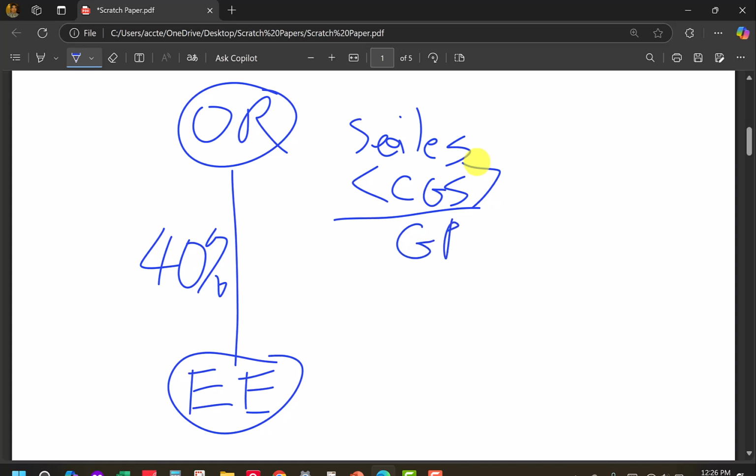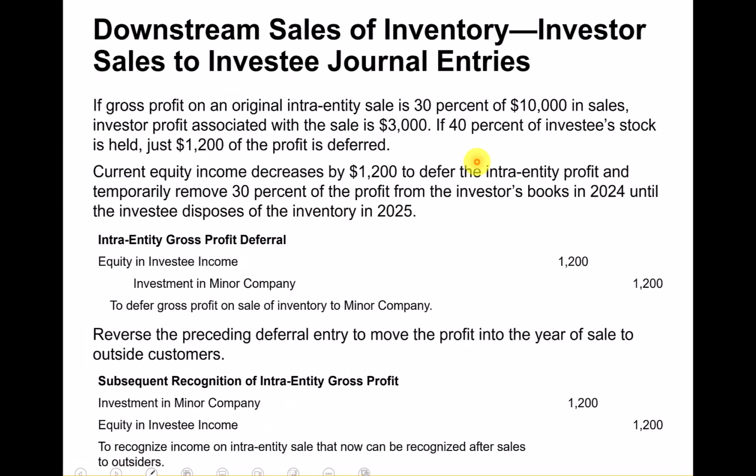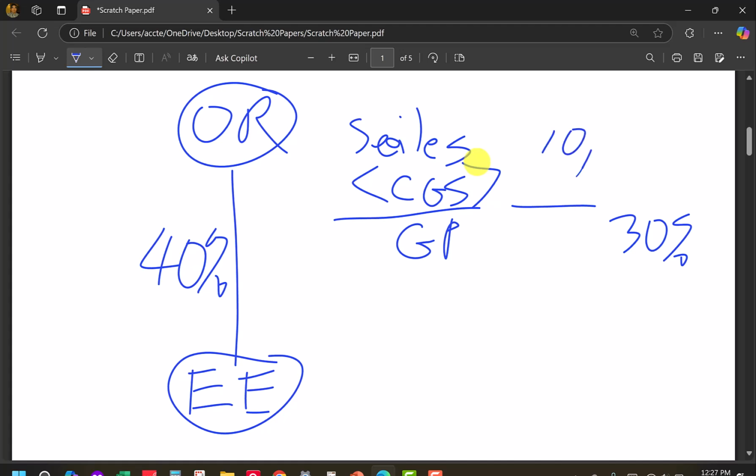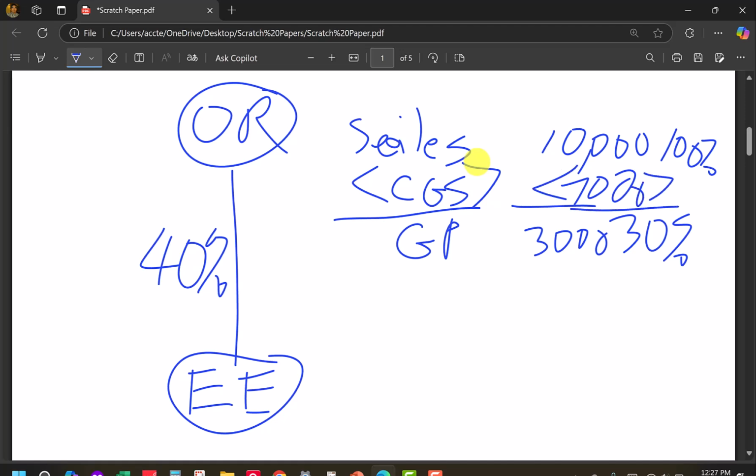We're told the gross profit percentage is 30% of sales of $10,000. So that's 100% of itself. 30% is $3,000, and of course, cost of goods sold is 70%. So we're selling all of this to the investee, all $10,000.